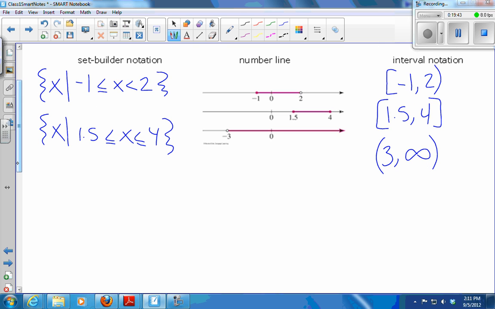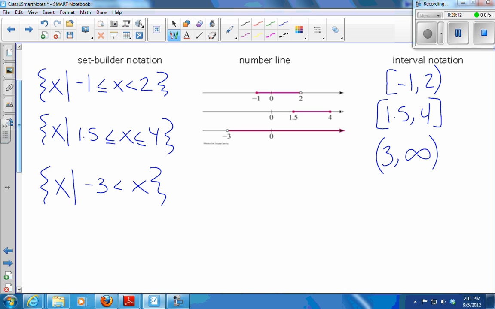And then the last one, set of all x such that, how do I express what x values are shaded on that number line? What about -3? There you go. You don't need the infinity.